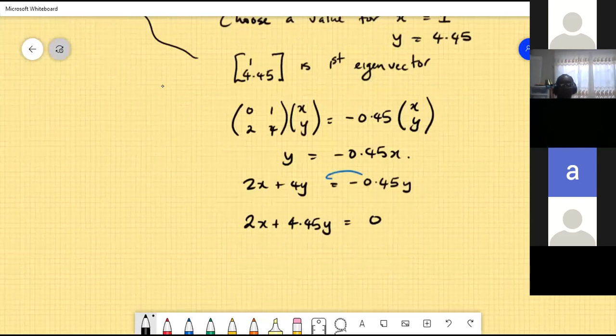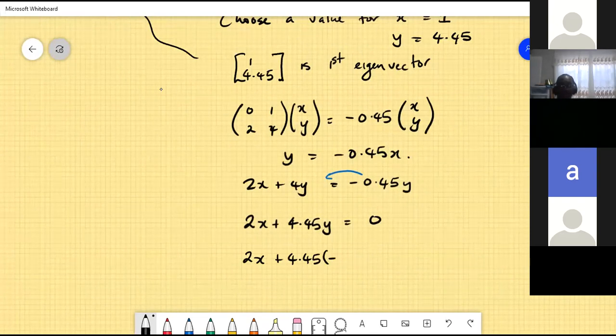And if we substitute y equal negative 0.45x, we are going to end up with 2x plus 4.45 times negative 0.45x equal to 0. And as you can see up here, you're going to work out to 2x minus 2x equals 0.